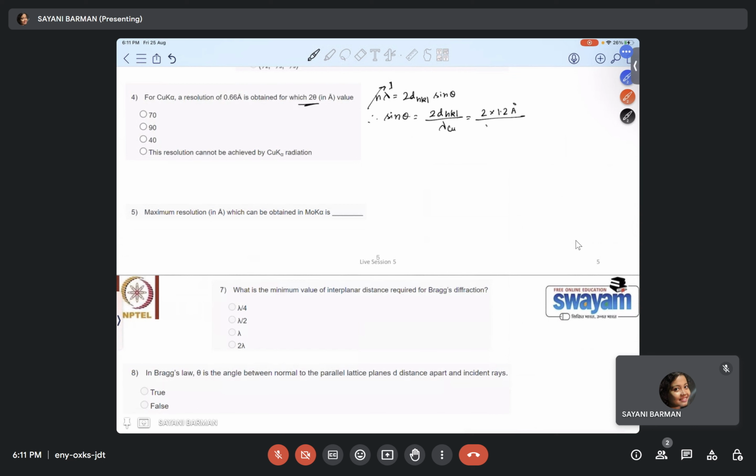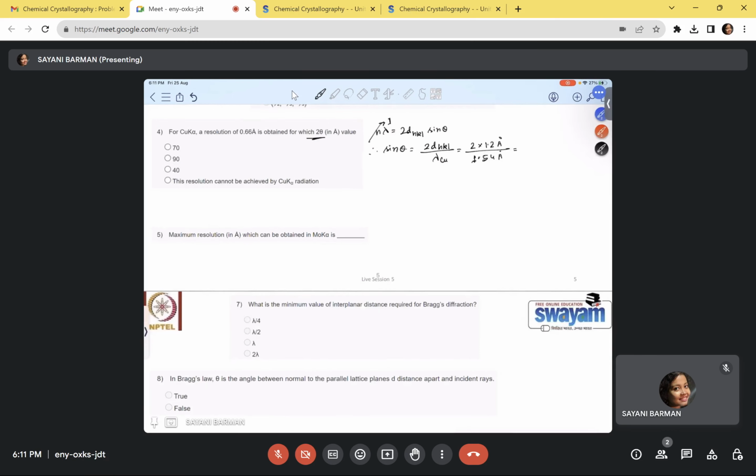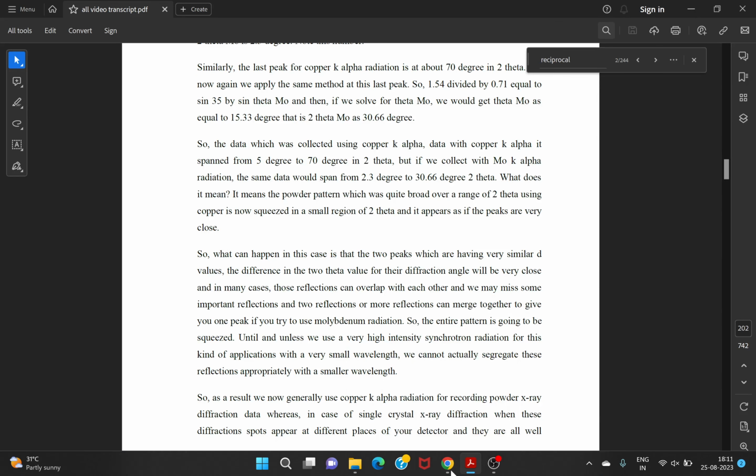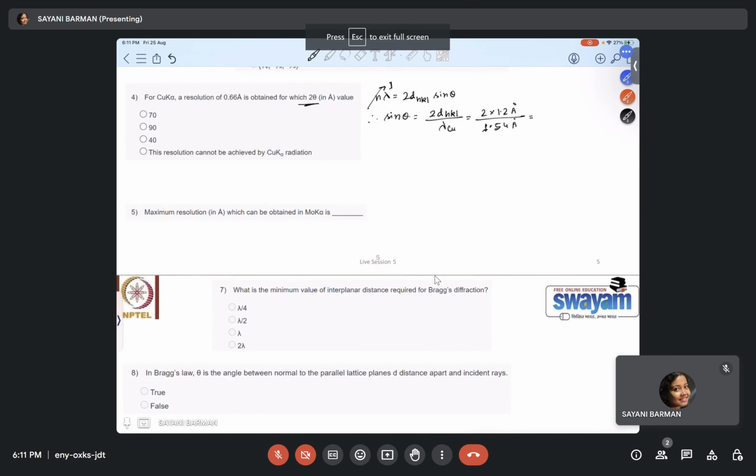Lambda of copper is 1.54 Armstrong. So this answer would be, if I cut it by 2, 0.77.